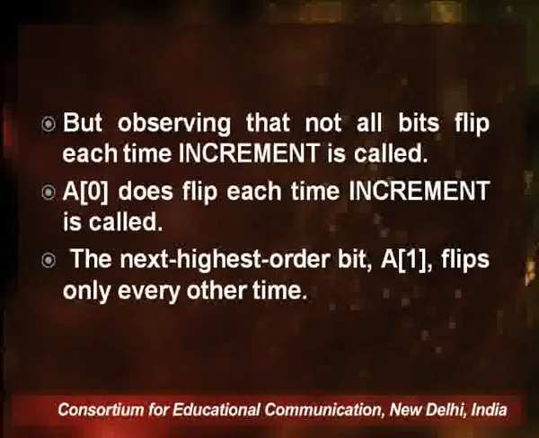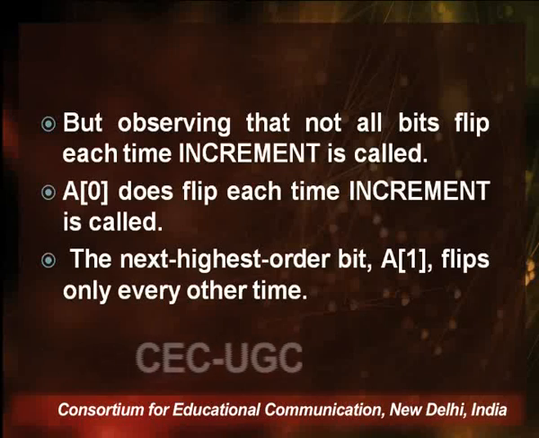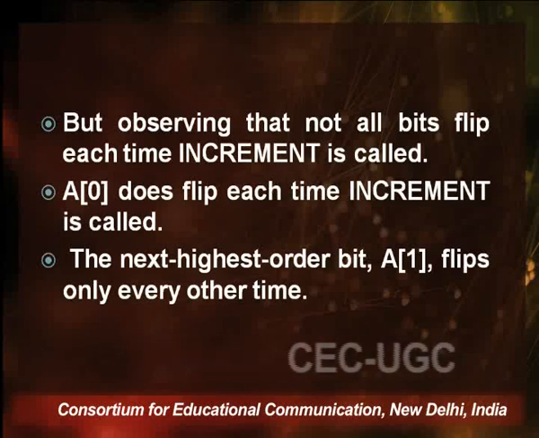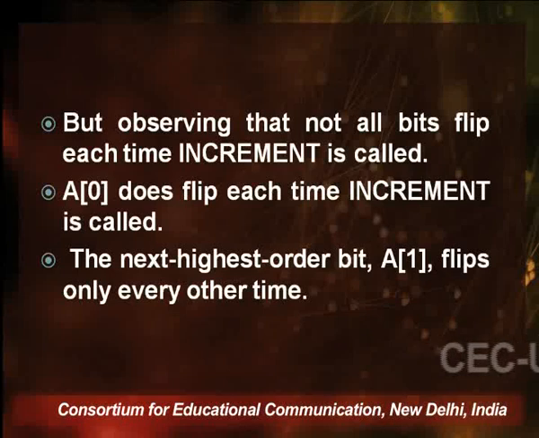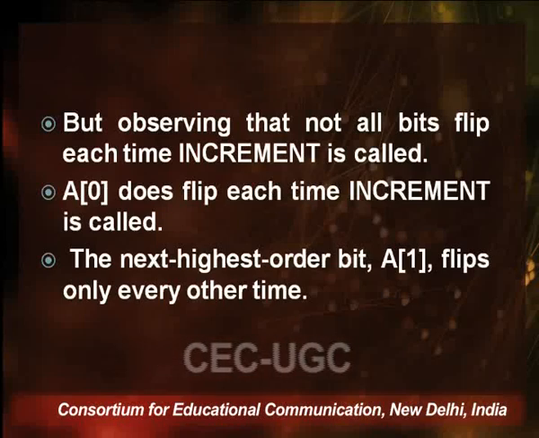Now let us try to understand which bits are being flipped. We have seen that A0 will be flipping each time increment is called. So A of 0 is flipping every time. The next higher order bit, stored at index 1, which is A1, is flipping every alternate time.